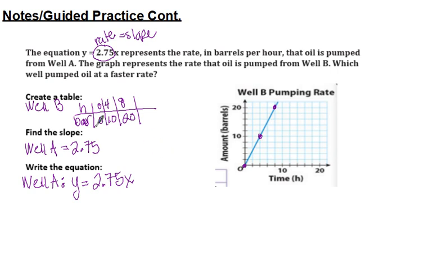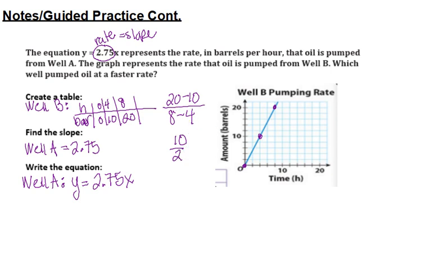So there's my table for well B, and what we can do with our table is use it to find the slope. So I can take my 2 points and subtract, right? So I'm going to go 20, take away 10, over 8, take away 4. That gets me 10 over 2. Nope, 4.